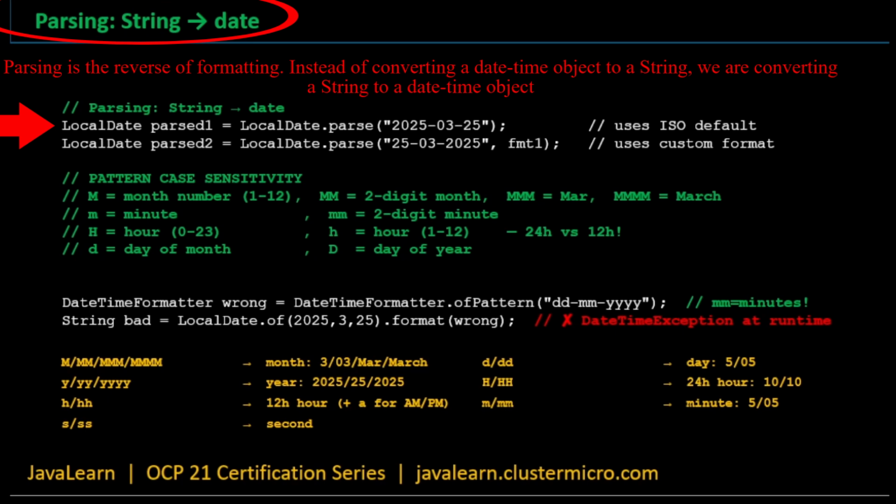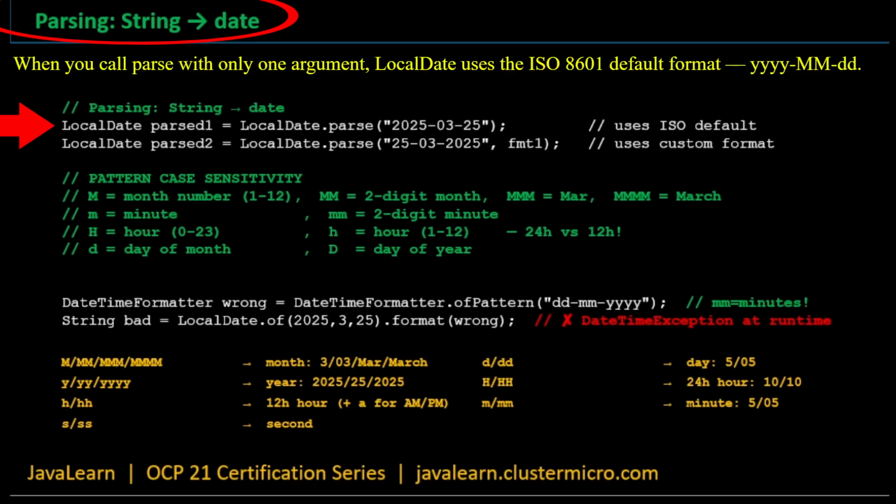So examples: LocalDate d1 = LocalDate.parse("2025-03-25"), then LocalDate d2 = LocalDate.parse("25-03-2025", FMT1). The one argument version of parse, the first example, is just the string, no formatter. When you call parse with only one argument, LocalDate uses the ISO 8601 default format, yyyy-MM-dd.